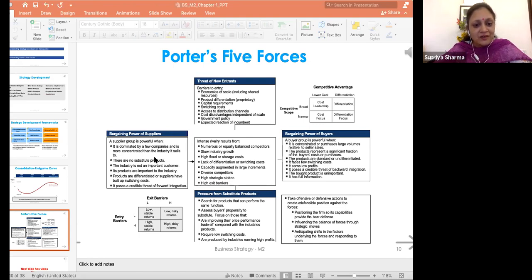So we need to see the bargaining power of suppliers, because on that basis we will understand the cost aspect of inputs. If there are too many suppliers in the market, obviously the acquisition cost will be less. If the number of suppliers is less, then suppliers can charge more, else the organization will have to pay more.